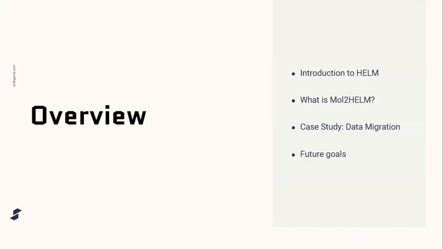This is not a brand new tool, but it is something that we've done a lot of active development on recently and are looking to continue doing active development on. And I'll talk a little bit about why such a tool is needed. I'm also going to go over a case study of a client we worked with who had used Mol2HELM as a major player in their data migration. And then lastly, I want to talk about future directions for where we want to go with the tool.